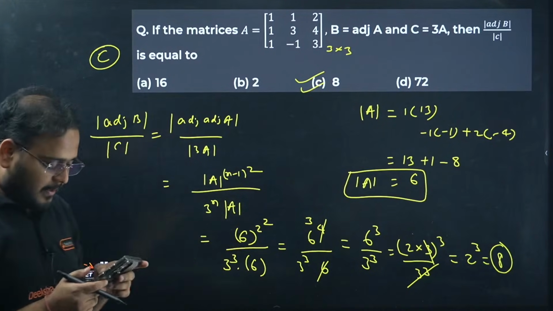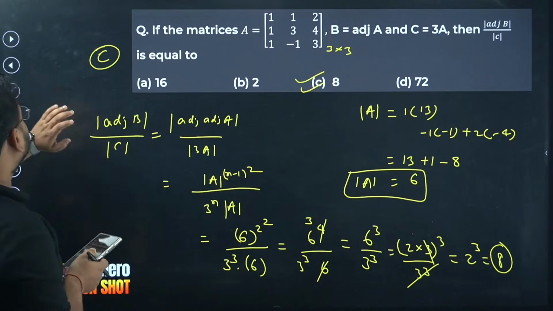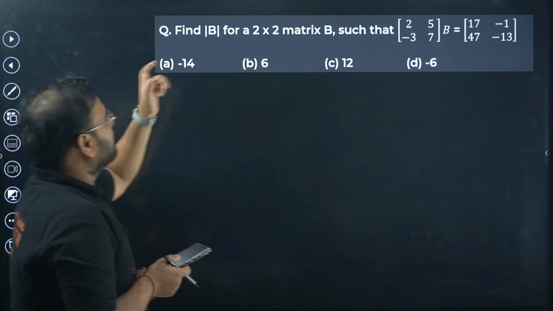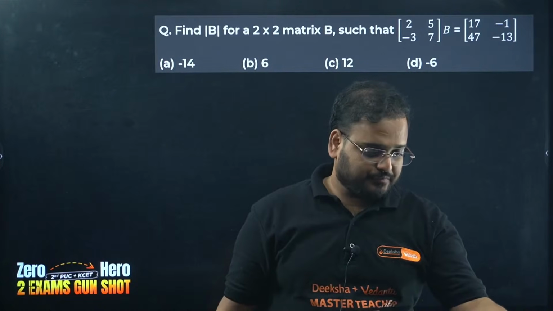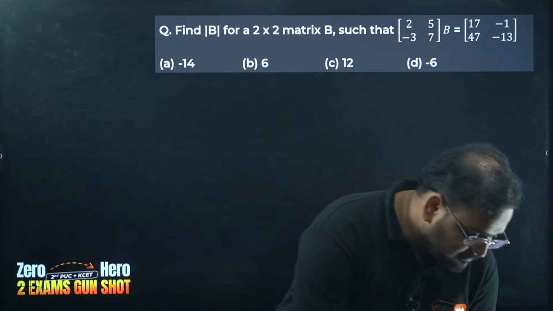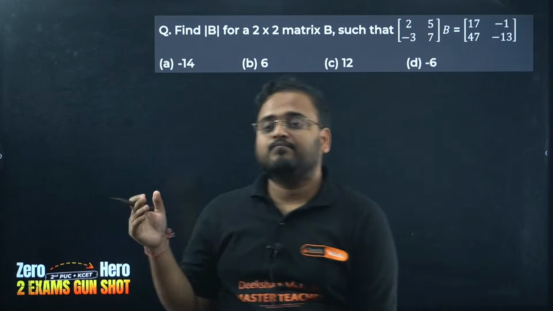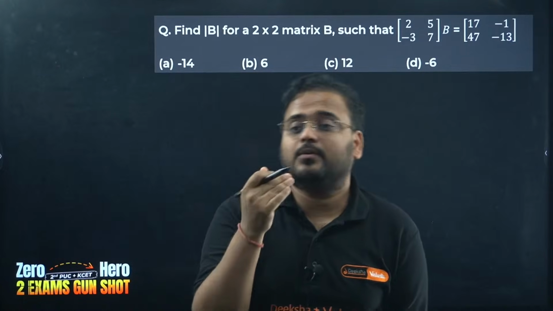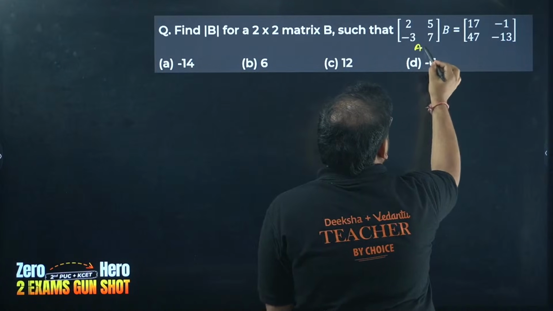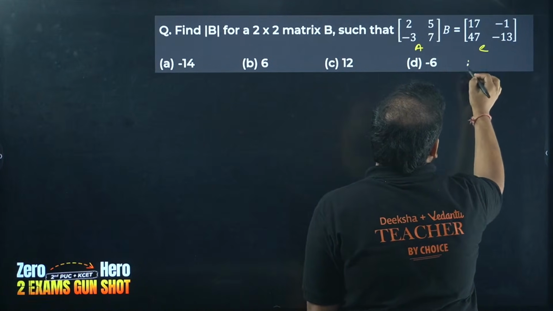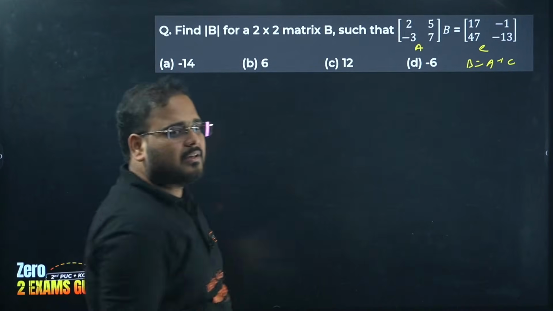Nagaraj is now giving. Determinant of B, 2 cross 2. Okay, yeah. Now looking at this question, we think that, sir, if I take this as matrix, let's say A, and this is matrix C, basically I have to find B, meaning I'll go and find A inverse C. But why?